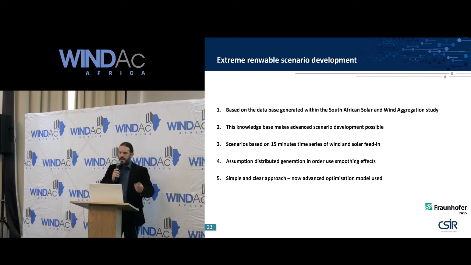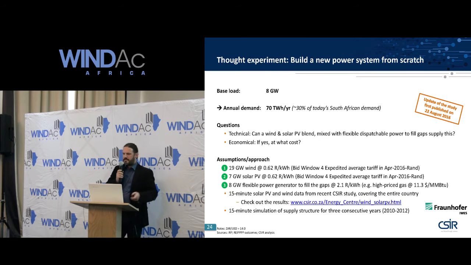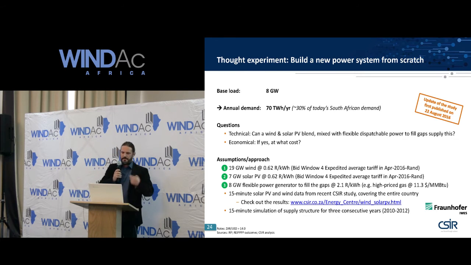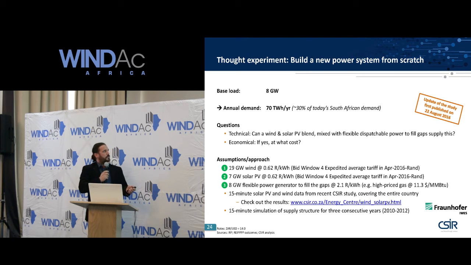So what about baseload? We have a baseload of 8 gigawatt in South Africa, which leads to 70 terawatt hours of energy consumption over the year just for base load, not for the total load. It's about 30% of today's South African energy demand.